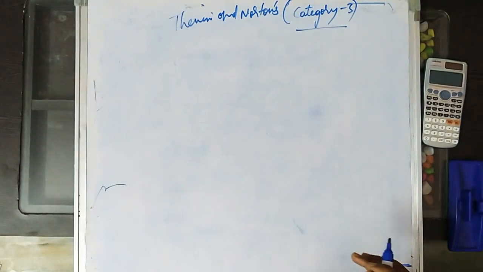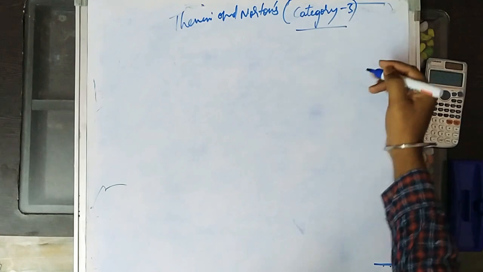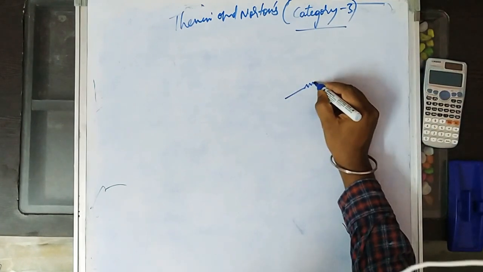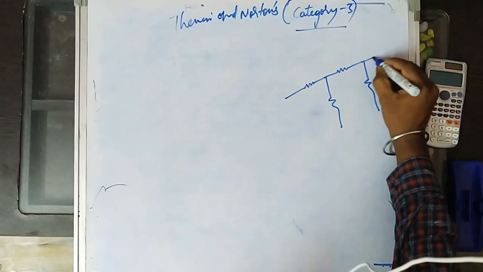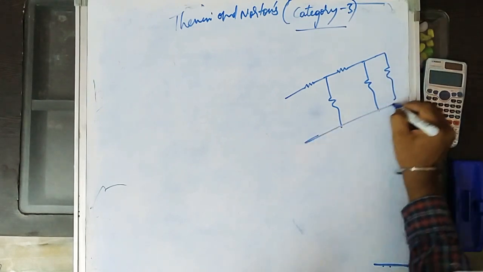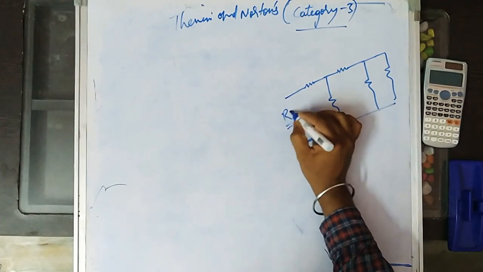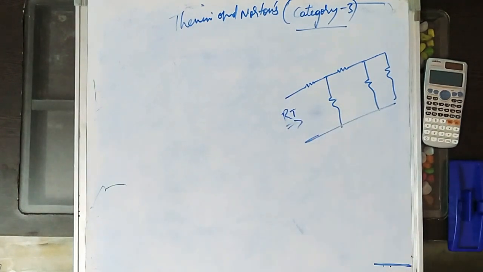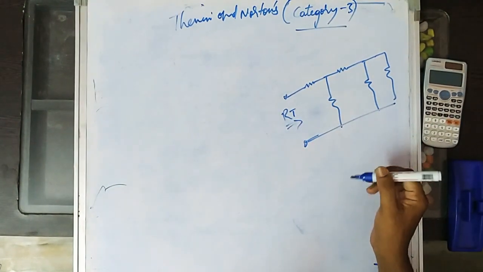Before going to category 3, let me introduce a small topic. From the first class, we are used to finding equivalent resistance, so we have solved many circuits. Take a simple circuit where you wish to find RT, the total resistance looking through the AB terminals.